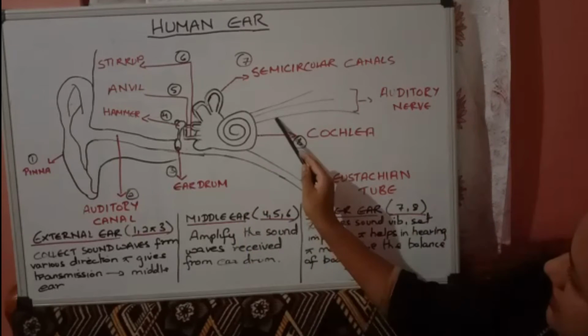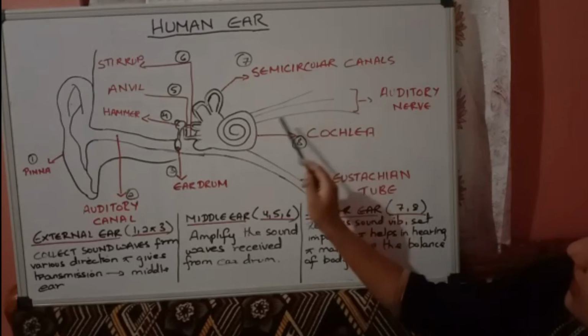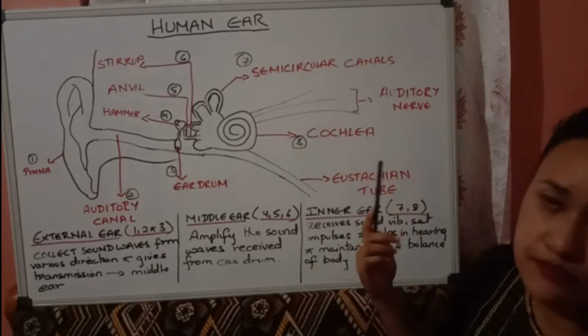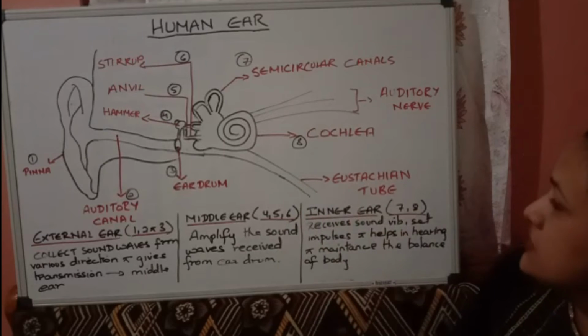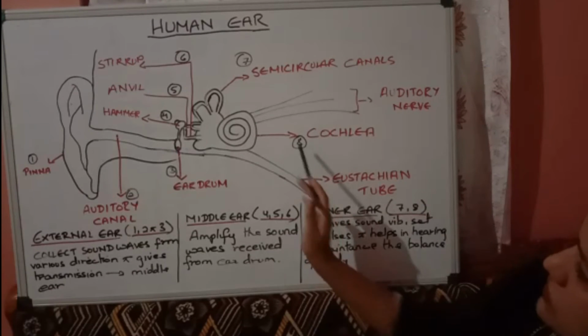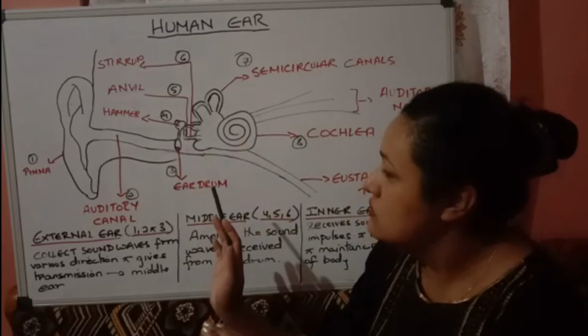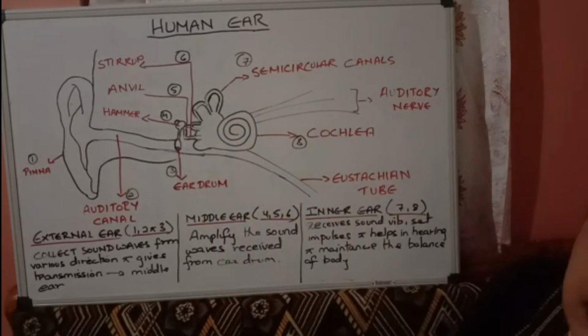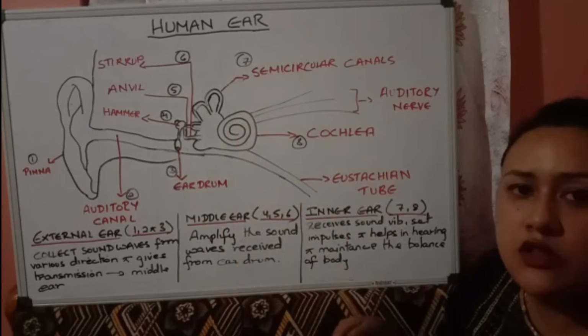And these are the auditory nerves that get connected with your brain. So 7 and 8 make up the internal or the inner ear.